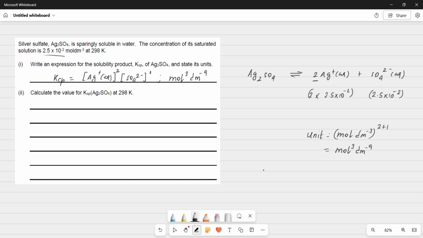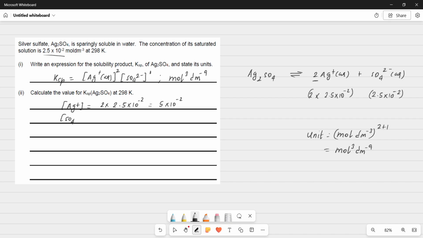So now here we are going to calculate the value of KSP. For that I need the concentration of Ag plus. The concentration of Ag plus is 2 times 2.5 into 10 to the power negative 2, which is 5 into 10 to the power negative 2.